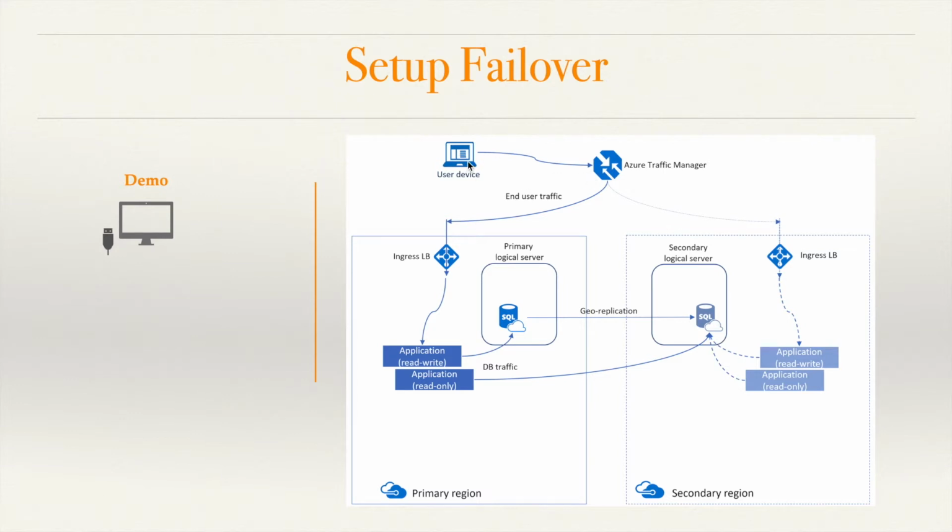Let's say the user connects to the application through the Traffic Manager, and the Traffic Manager diverts the traffic to the primary location onto the load balancer. The application then connects to the primary database, which has read-write access at the primary location.